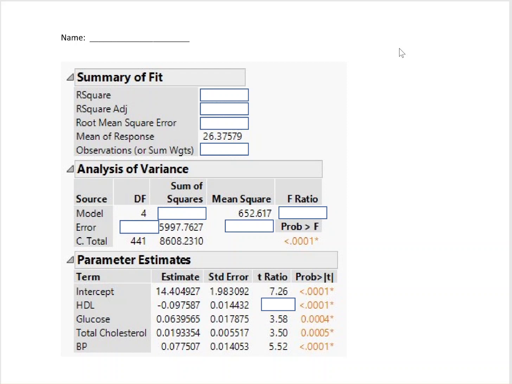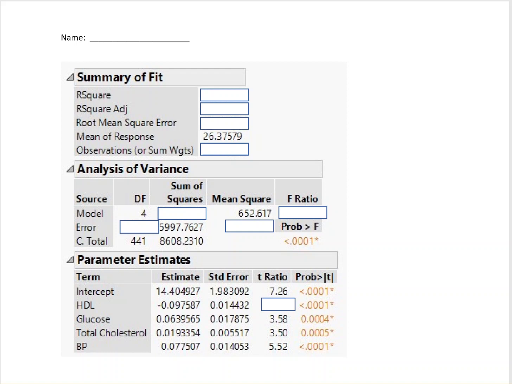Here this is the output for a regression, right? And then we need to decide whether it is simple regression or multiple regression. How can we decide that? We look at the parameter estimates table.